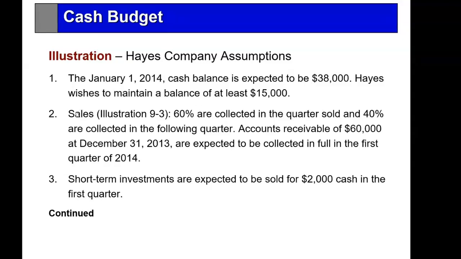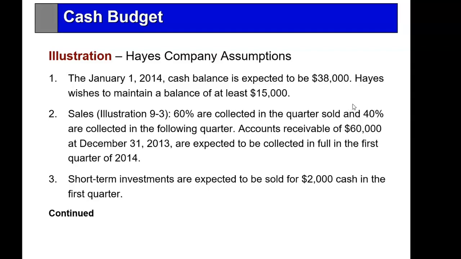Now, your principal cash coming in is from sales. And companies often give selling terms to their customers, 2/10 net 30, pay by the end of the month, stuff like that. So in past experience, a company knows that when they make a sale in this quarter, 60% of the sales are collected in that quarter.